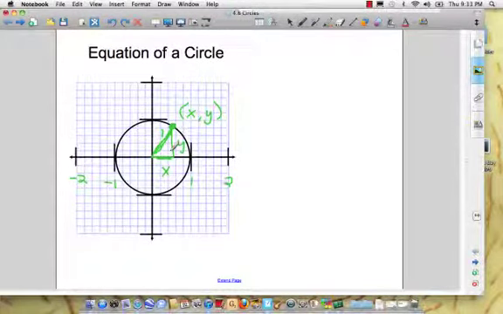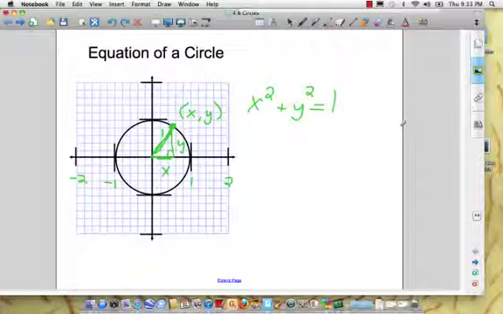Notice that that's a right triangle, and the hypotenuse is 1. So the Pythagorean theorem tells us that x squared plus y squared equals 1. Okay, so that is the equation of a unit circle centered at the origin.